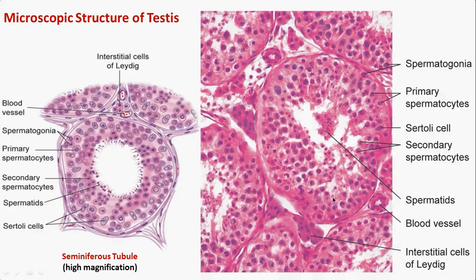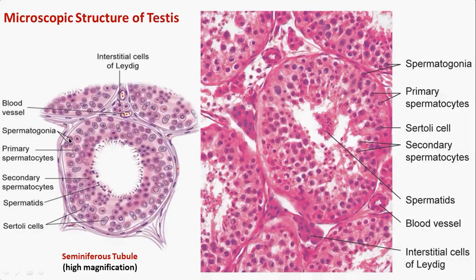Here in this histology, this is a magnified view. You can see some of the structures, this is the seminiferous tubule. Under high magnification you can see these are the Sertoli cells, also called the supporting cells.